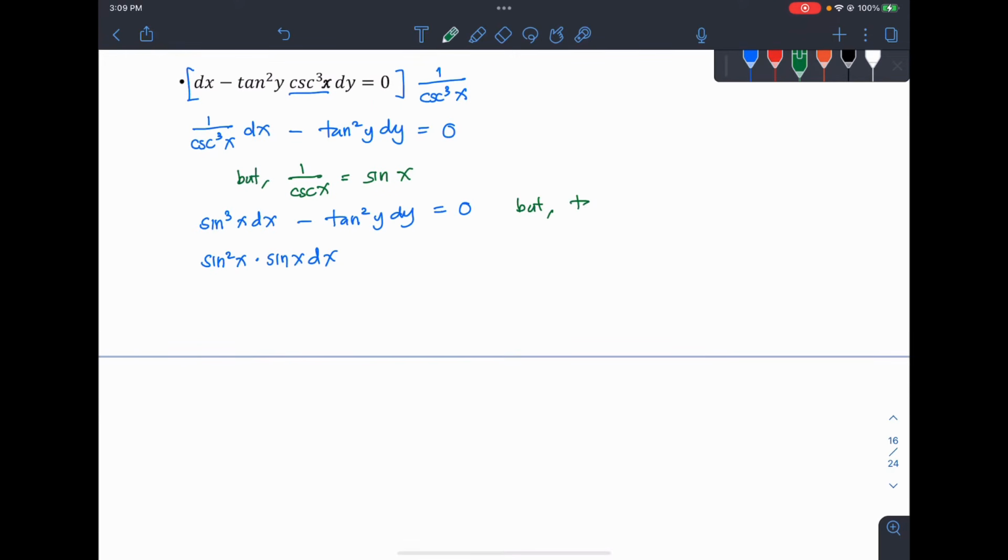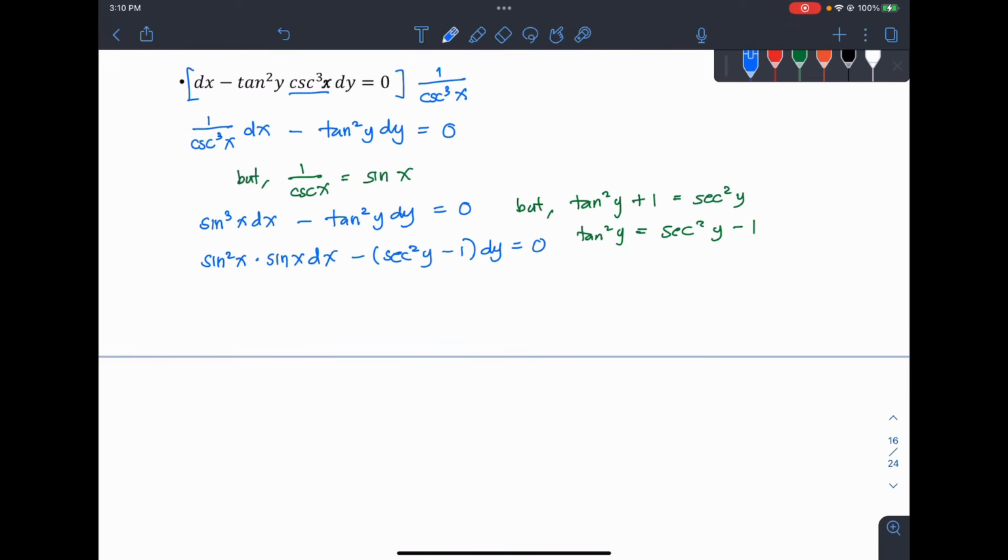For tangent squared y, tangent squared y plus 1 is actually equal to secant squared y. So thus, tangent squared y is equal to secant squared y minus 1. So giving us minus, then secant squared y minus 1 dy is equal to 0.